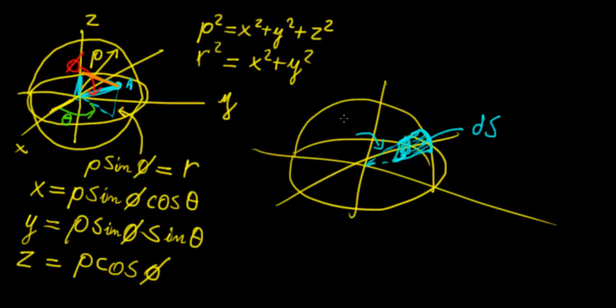We know that the distance here is going to be rho, the radius of the sphere, which means that the little depth, or the change in depth, should be given by d rho. That's the infinitesimal change along the direction of rho, so that's going to be the depth. In general, the volume element is just going to be the surface area element times this little depth, d rho.